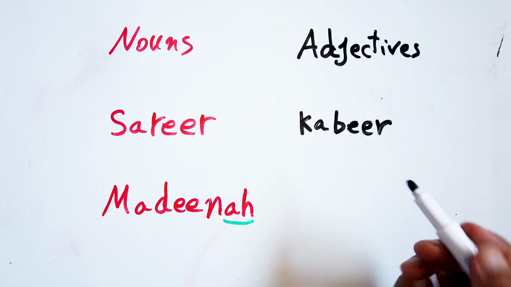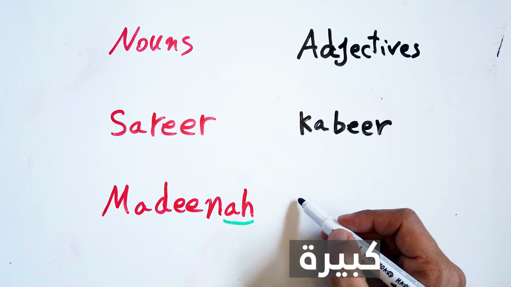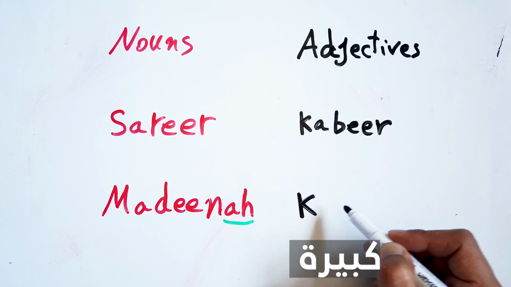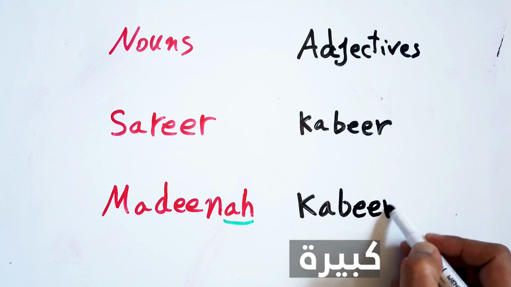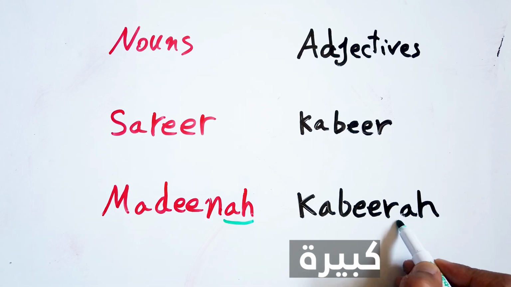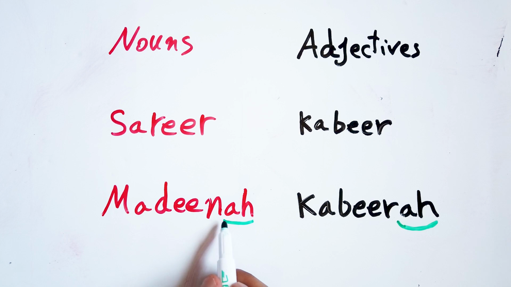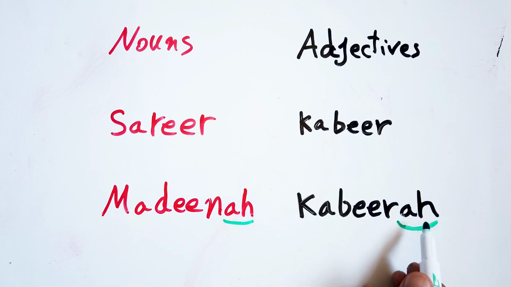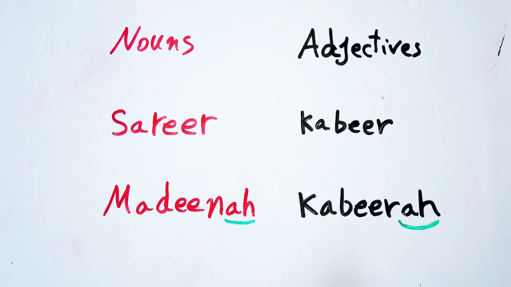Let's add the same adjective here. So I'm gonna say a big city. So it will be kabira. Do you see? It's feminine. We added the ta marbuta. Medina kabira. Sarir kabir.